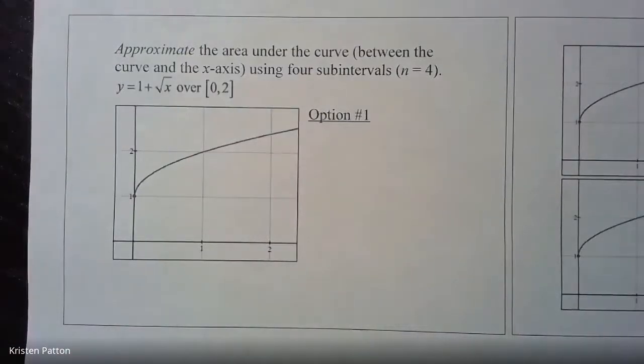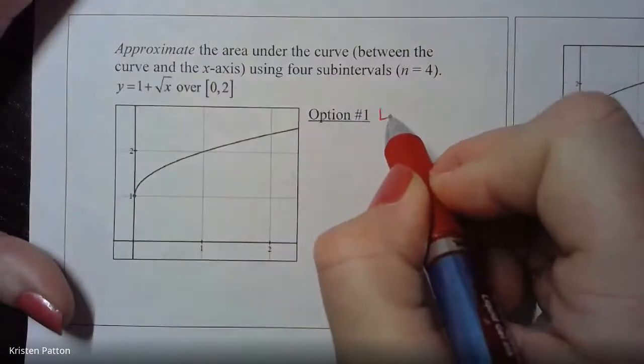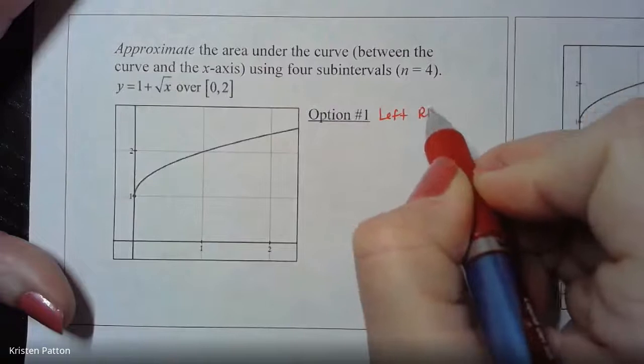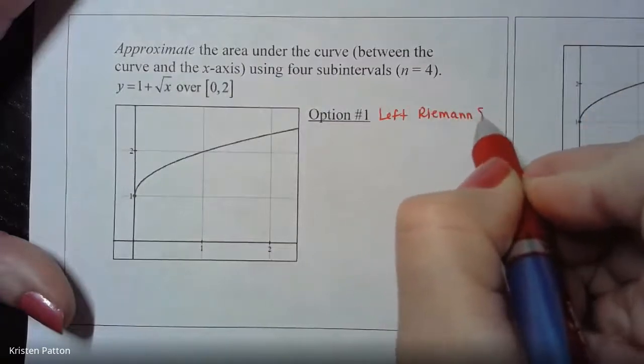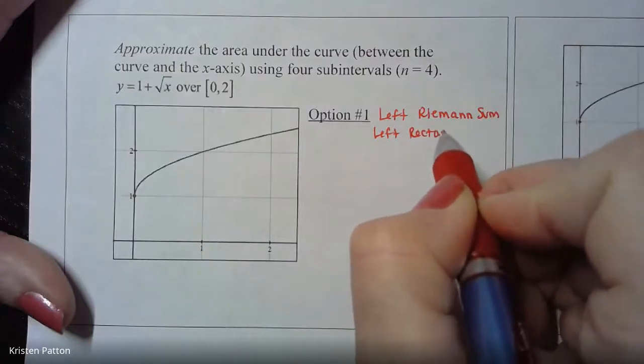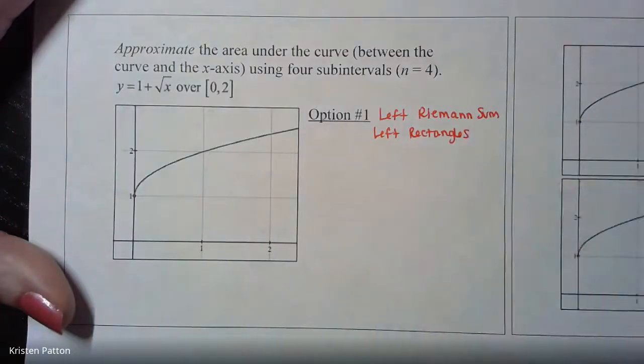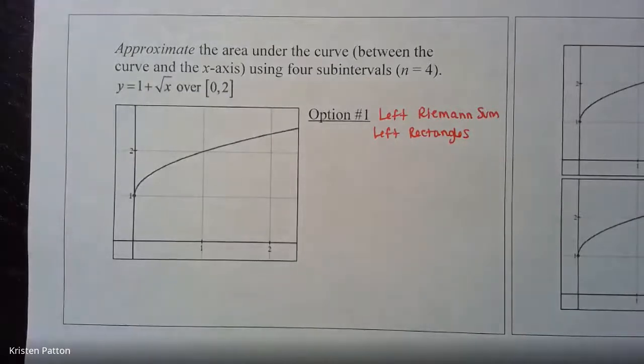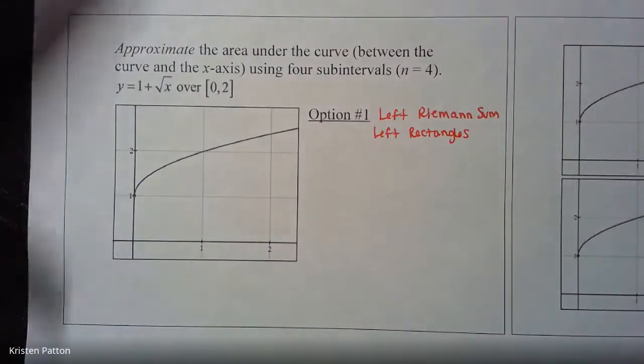Option number 1, and this is what I asked you to do in your homework last night, is what we call a left Riemann sum, or we could just say left rectangles, or a left sum or a left-sided sum, the key word being left.